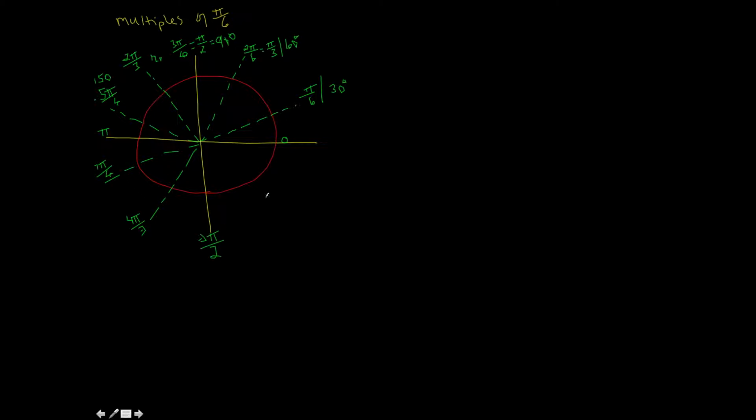And we already have it. It's a quadrantal angle. Then we have another 30 degrees and another 30 degrees. So this is going to be 10 pi over 6, which is 5 pi over 3 when it's reduced. We have 11 pi over 6, and we have, of course, 2 pi at the end, or 12 pi over 6, and that's a quadrantal angle. So here's our multiples of pi over 6.